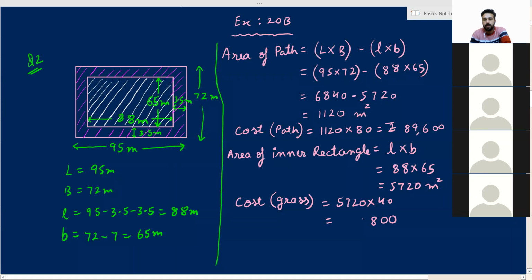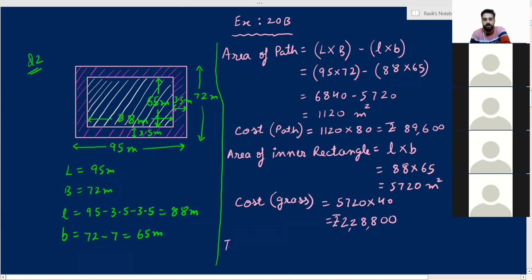Yes, sir. So this is rupees 2,28,800. This is the cost for laying down the grass.